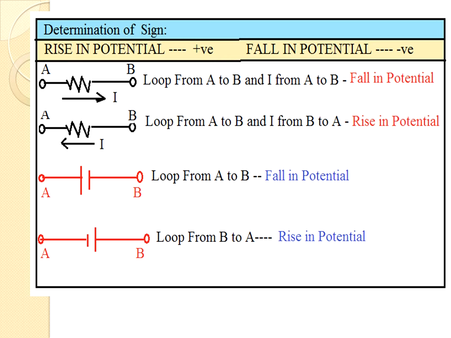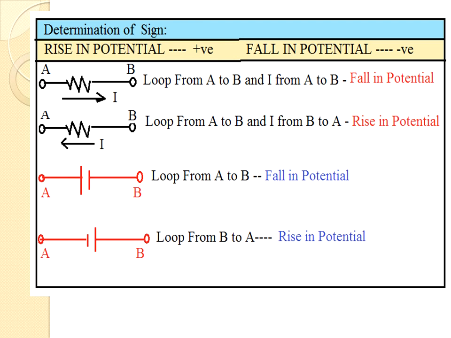Third condition, for EMF sources, that is a battery. In the battery condition, it depends only on loop direction. Current is nowhere considered. Hence, how is the loop direction considered? Number 1, from A to B. If the loop direction is A to B, higher potential to lower potential, it is referred to as a fall in potential.